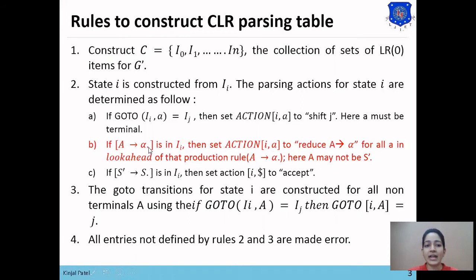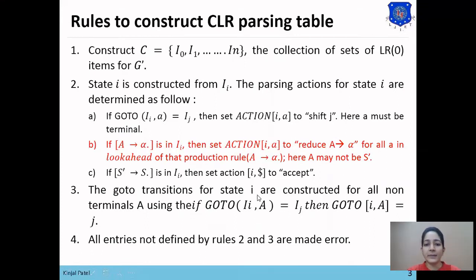Meaning, if A derives alpha dot is a final set, then we'll make the entry of that reduce in the look ahead of that production rule. Here A may not be S dash. If there is a production S dash derives S dot, that is, if S dash derives S dot is a final set, then we'll make the entry accept from I on dollar. The remaining rules are the same: if goto(I0, a) equals I1, then from 0 on a we'll make the entry S1, meaning shift 1.